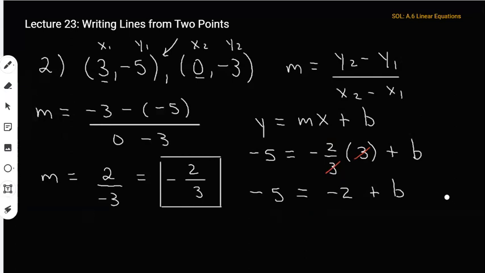Now what I have to do is get b by itself, which means I have to get rid of this -2. I can do that by adding 2 to both sides. So I'm going to add 2 to both sides.